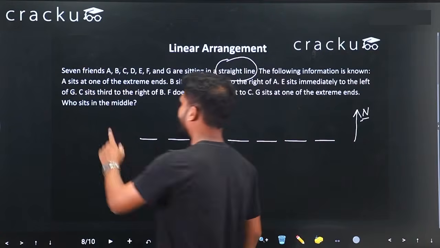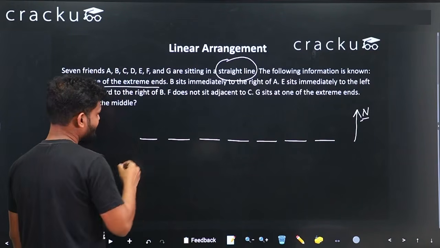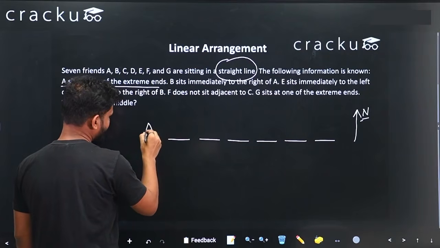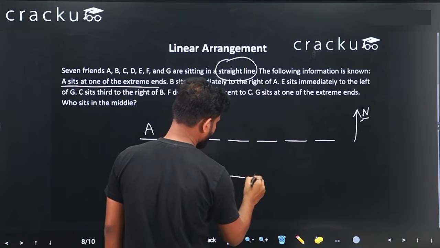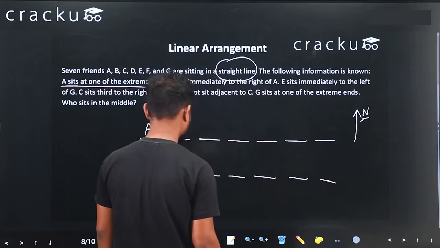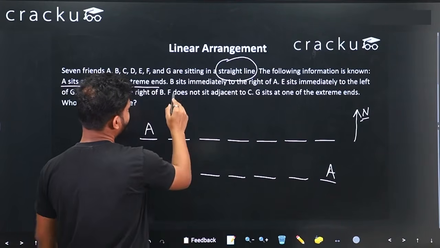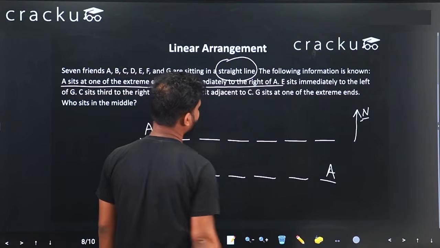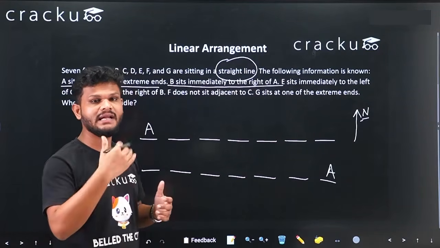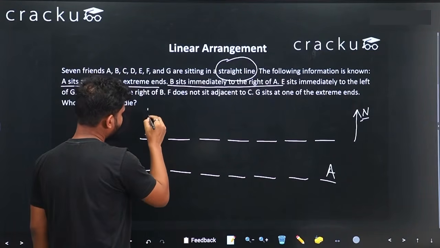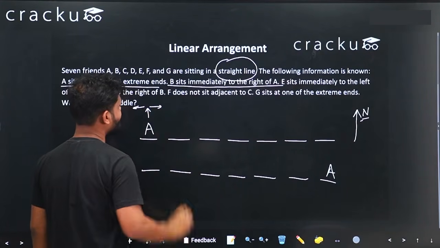Now, A sits at one of the extreme ends. So what does it mean? A can either sit here, or if I draw the another arrangement, A can sit here. Now, B sits immediately to the right of A. Immediately to the right means adjacent to A and to the right of A. So if A is facing this direction, his right will be this one and left will be this one.